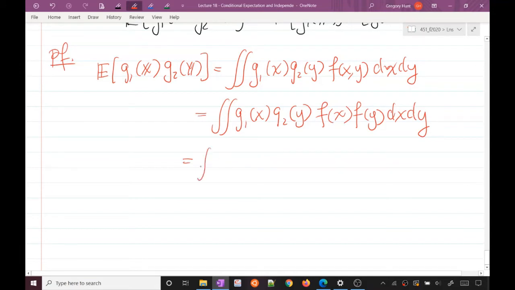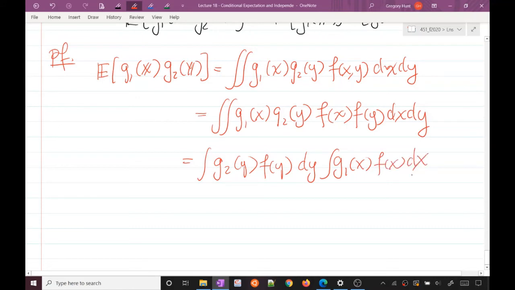And I can just start to separate things. Let's pull out everything that depends on y. I could write this as g2 of y, f of y, dy. I can just factor all of this apart, just like that.